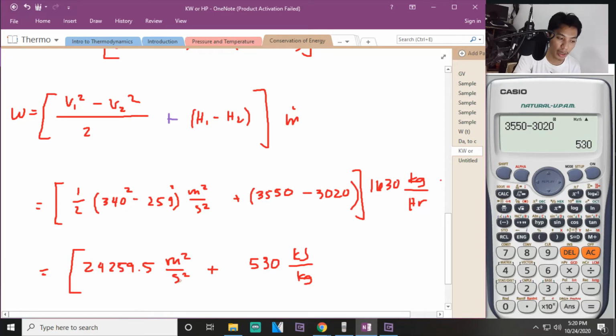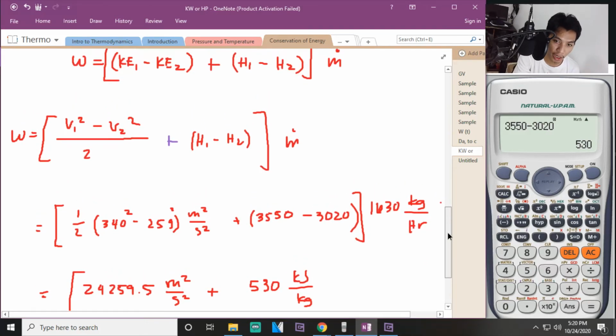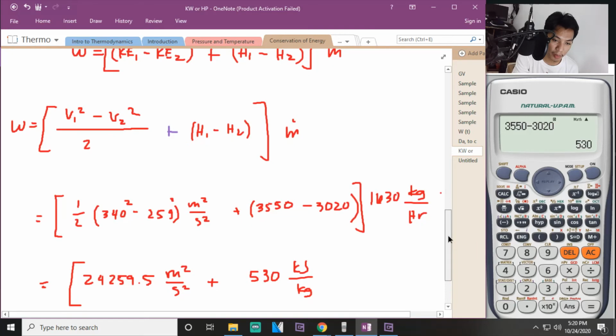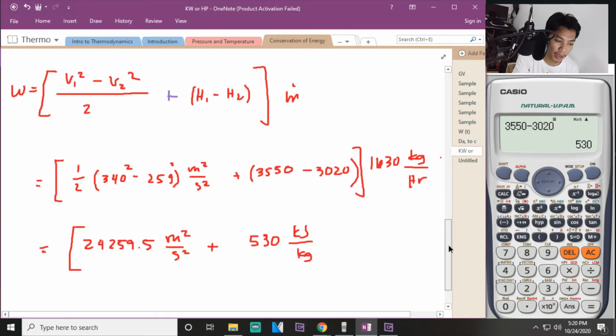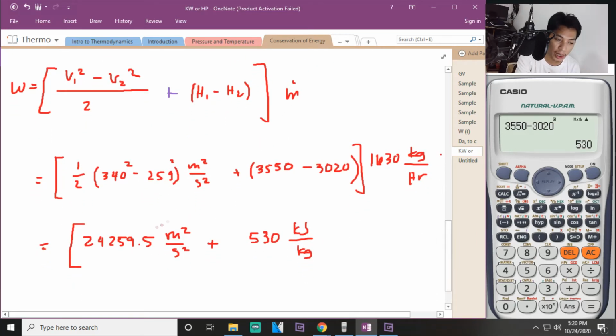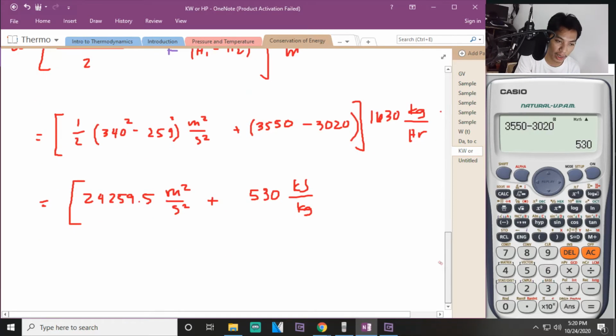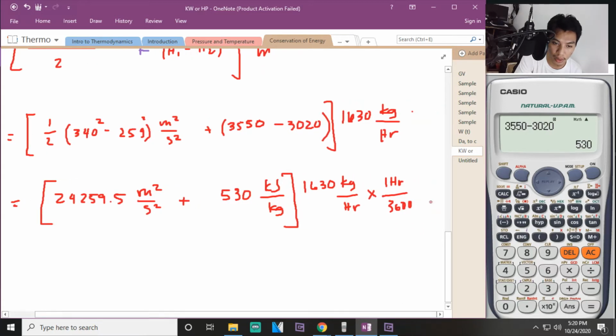Kaya lang ito, hindi naka-kilojoule. Kaya kailangan natin siyang i-divide natin ng, anong dapat i-divide natin dyan pag hindi naka-kilojoule? Kilogram meter per second squared. So, ang lalabas kasi dito is in newtons lang. Pag i-multiply natin siya, i-simplify ko na to. 1630 kilogram per hour times 1 hour over 3,600 seconds.